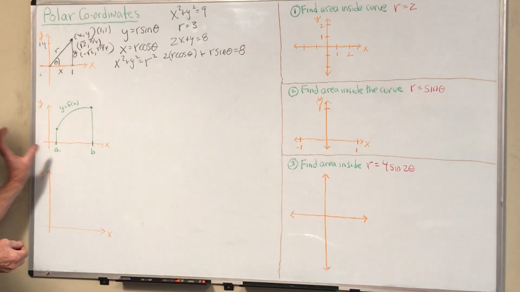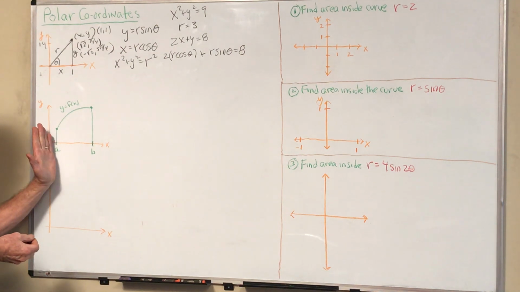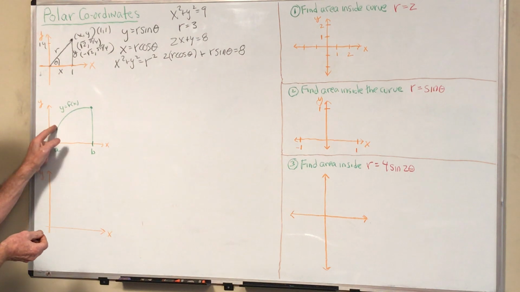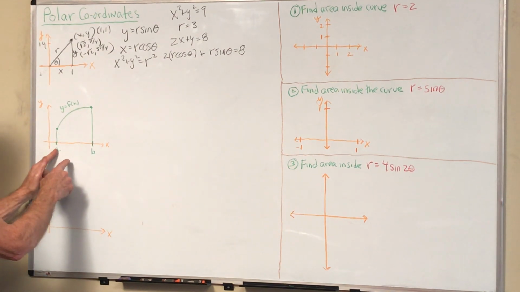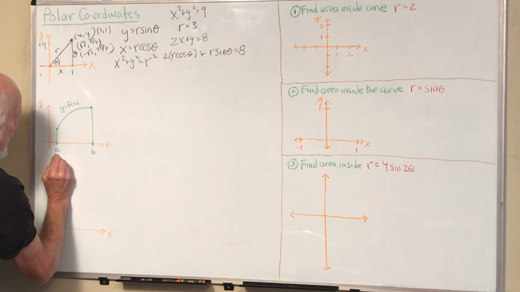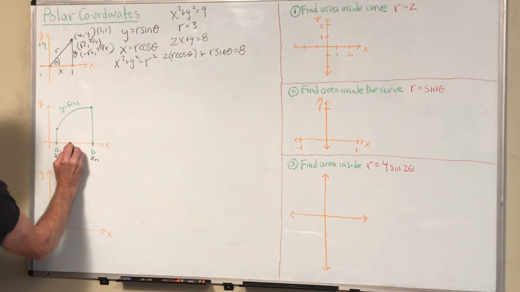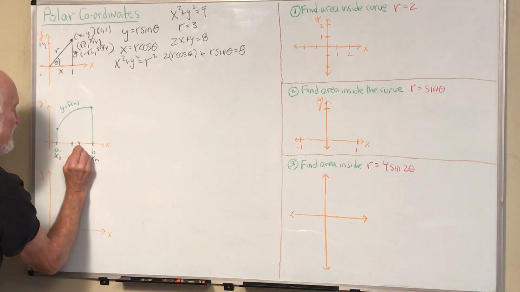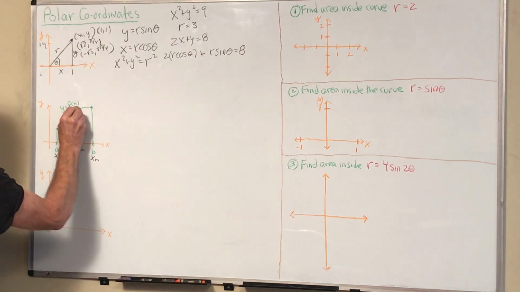So just as a quick review, and this is always a good thing to do because it's such an important concept. In rectangular, if we wanted to find the area between y equals f of x and the x-axis between x equals a and x equals b, you've seen me do it so many times. We divide that up into n sections, and then we take this kth section and you make rectangles.